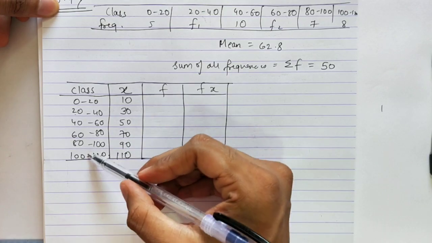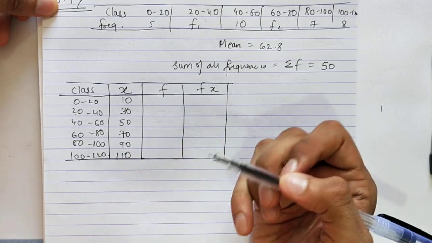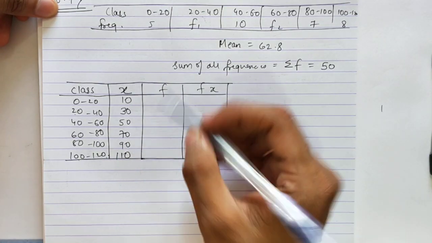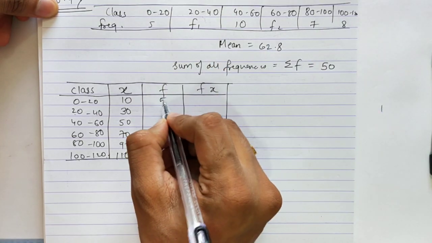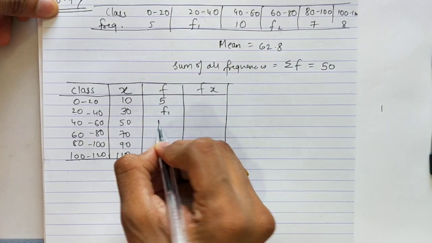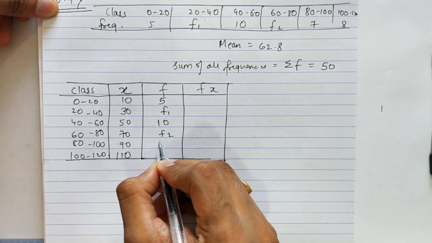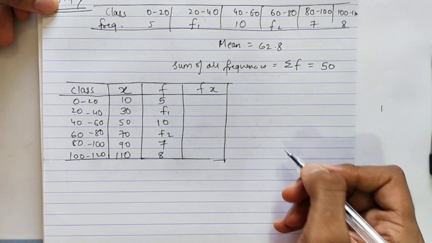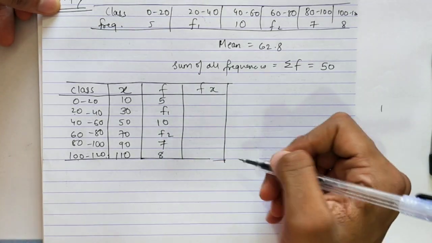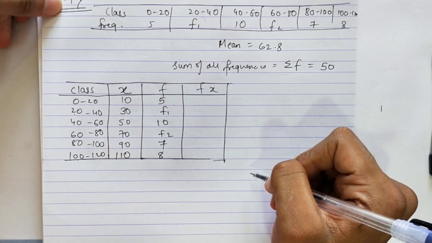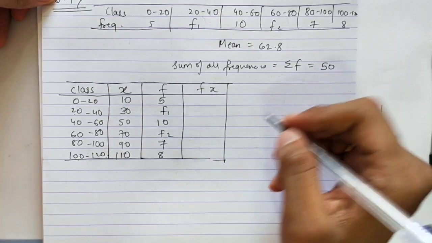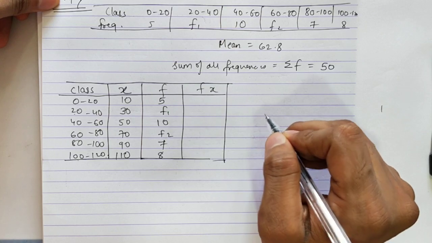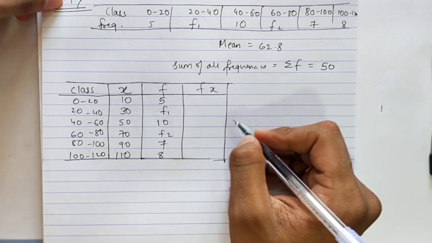For 100 to 120, the mid value is 110, so we got x. F is already given in the question: 5, f1, 10, f2, 7 and 8. I told you last time also, these types of sums are a bit lengthy, their calculation is difficult. They never came in board exams, but they are there in syllabus, so they may come.